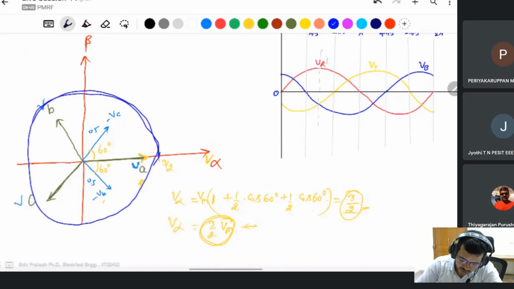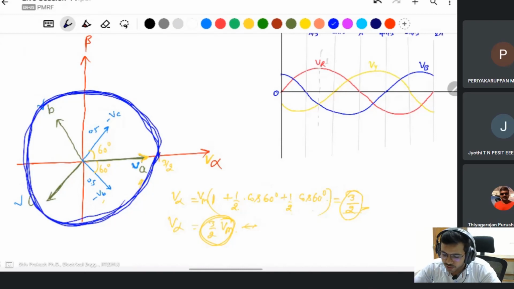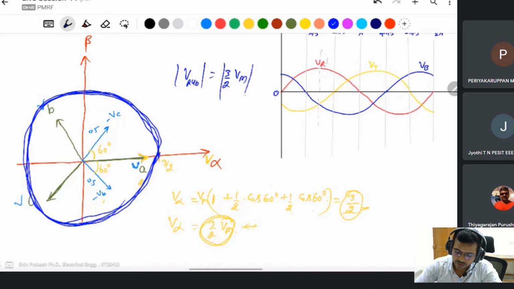It is not an ellipse, because at every point the magnitude of a three phase system is constant at 3 by 2 Vm only. That's why this is the circle of 3 by 2 Vm.